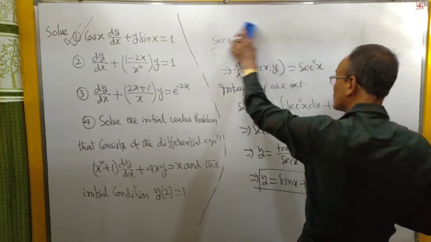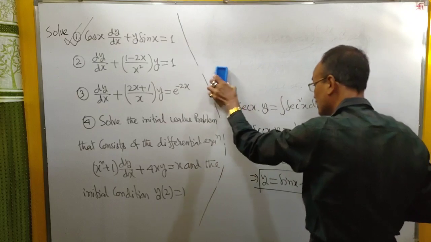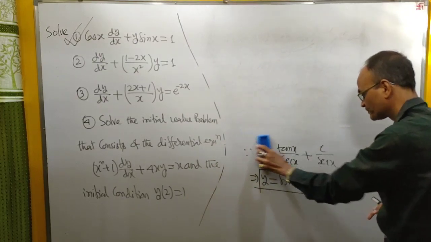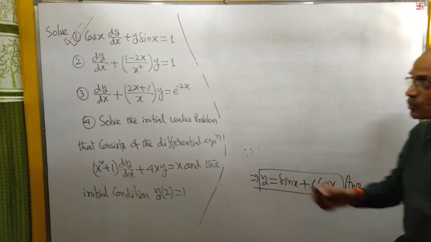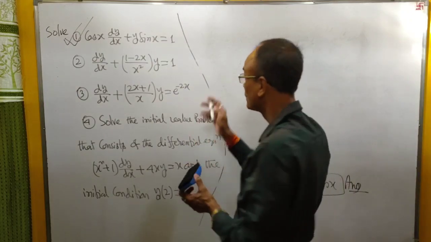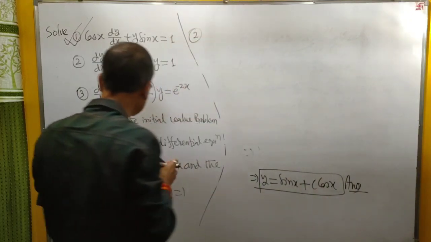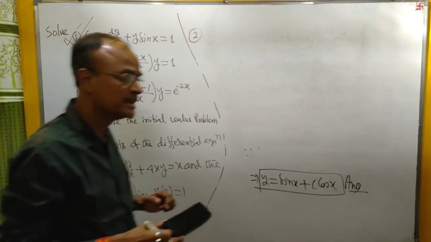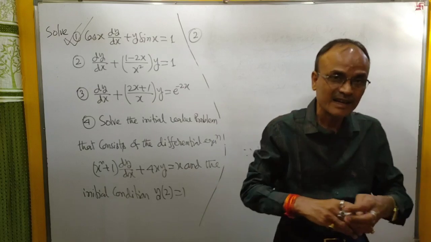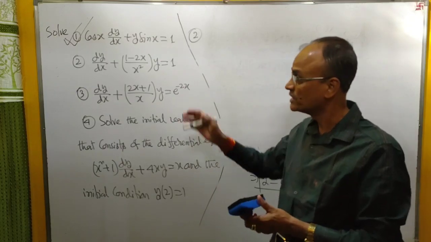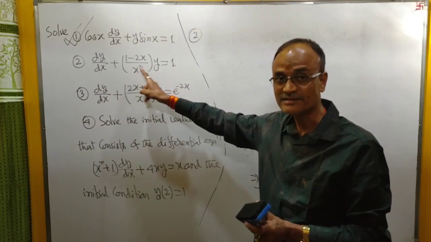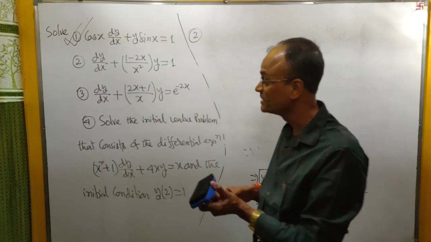We are discussing linear differential equations of first order and first degree. Question number 2 is linear in y, meaning the dependent variable is y and the independent variable is x.